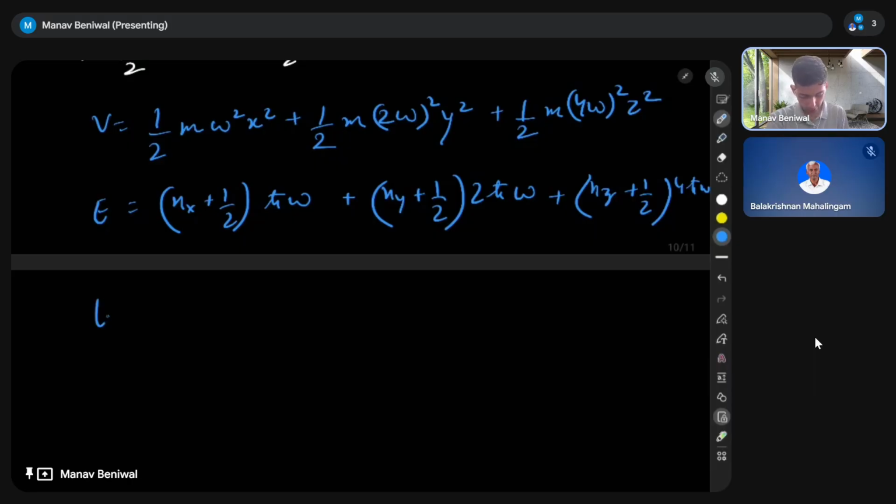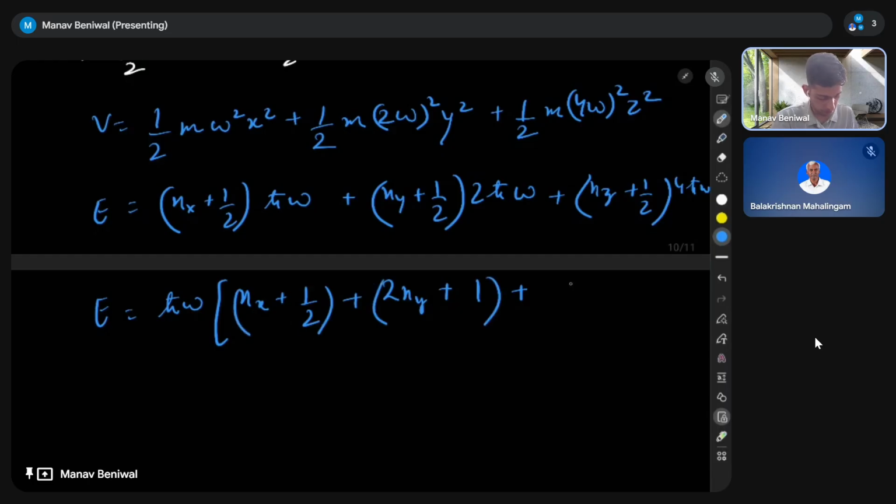And in terms of h cut omega, if we take that as a common factor outside, we can write nx plus half plus 2 times ny plus 1, okay, and plus 4 times nz plus 2.